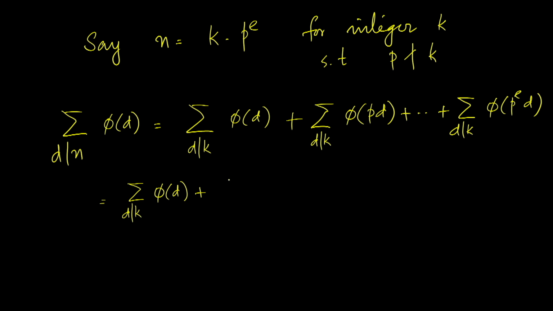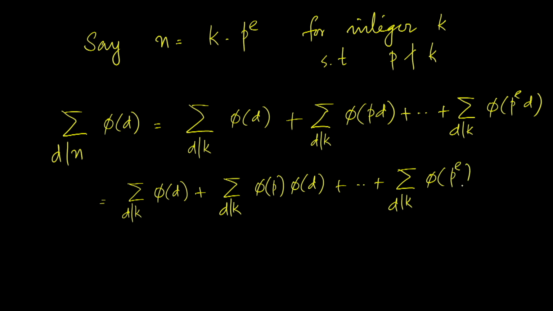The first term does not change. The second term can be written like this, phi of p into phi of d. Here it is phi of p power e into phi of d. Then this is a common factor.